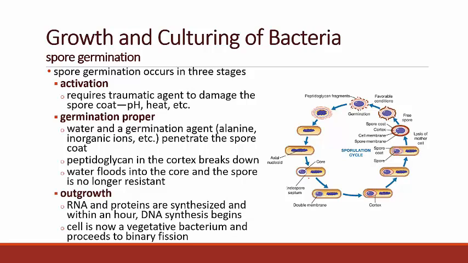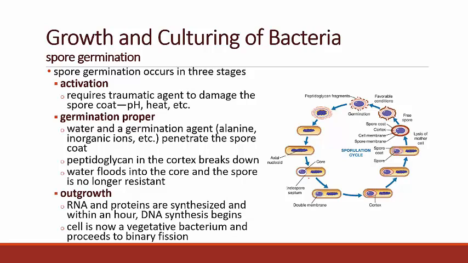This is when the spore, or the now growing vegetative cell, really begins to become metabolically active as RNA is being produced, and then proteins are being built from the RNA. And so within about an hour after we see RNA being produced, then DNA synthesis begins.